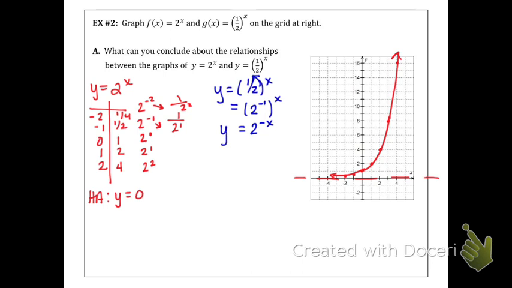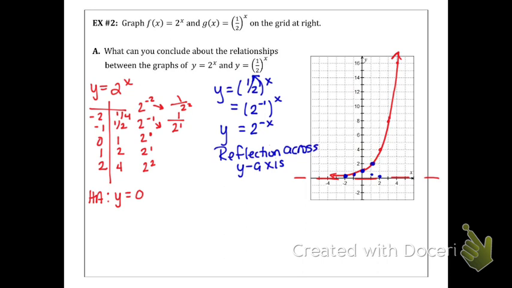So when I do that, I can see that the negative just makes it a reflection across the y-axis. So I'm just going to take each of these points that we just graphed and reflect them across the y-axis. I'm going to take this first point that we graphed and go across the y-axis. The second point. Now, with 0, 1, if I go across the y-axis, it doesn't move.